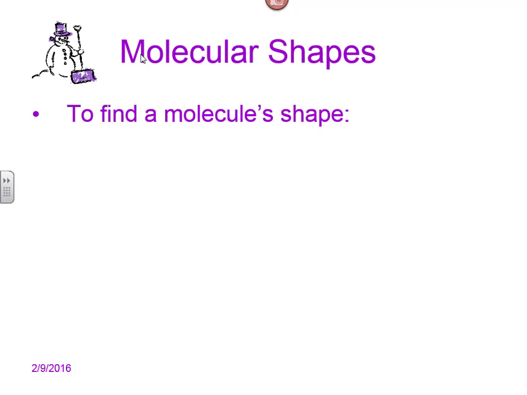There are a few steps that you go through to figure out what a molecule's shape is going to be. And this works whether you've got a flat line structure kind of picture or whether you've got a three-dimensional model in your hand. If you don't have a three-dimensional model to use, you have to start by drawing the Lewis structure or the line structure.